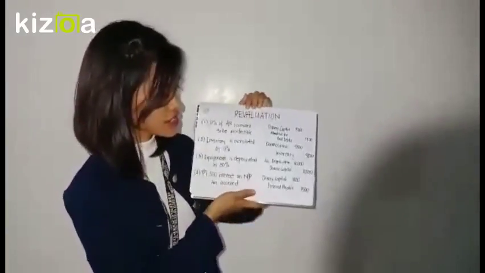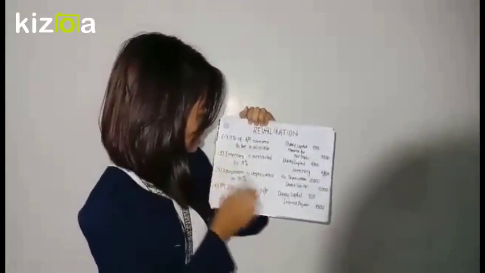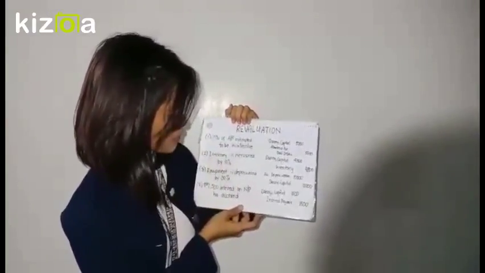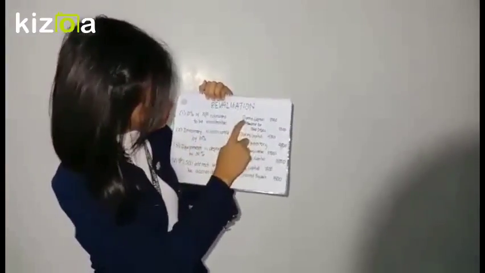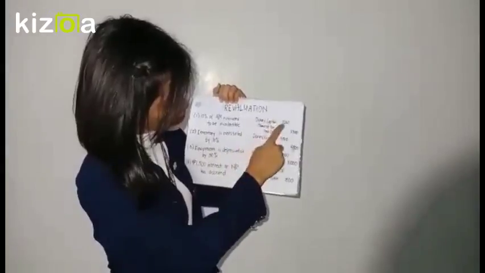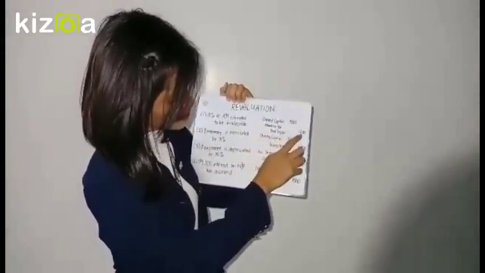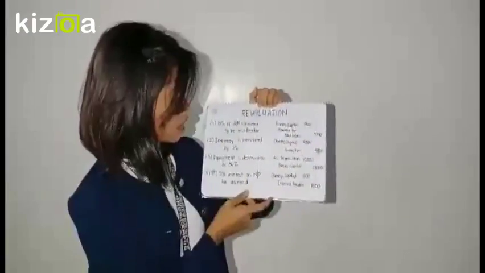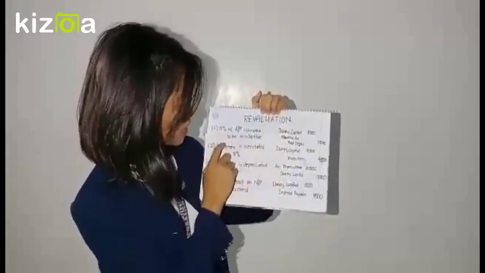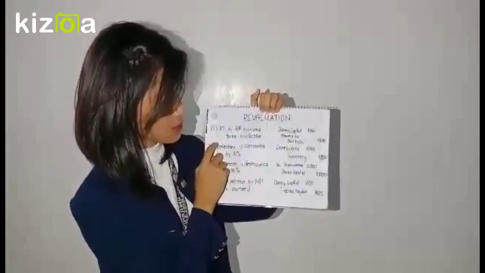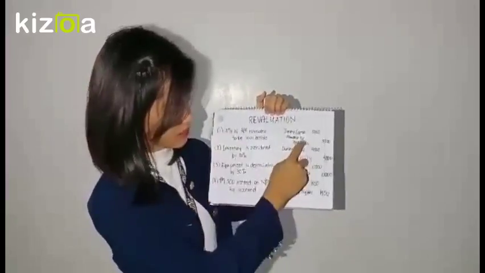In the first step, revaluation, number 1: 10% of accounts receivable is estimated to be uncollectible. Danny's capital is debited 5,000 and allowance for bad debts is credited 5,000. To get the answer, 50,000 times 0.1, because it is 10%, becomes 5,000.